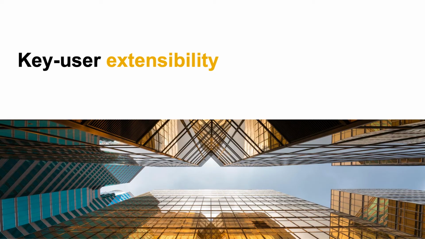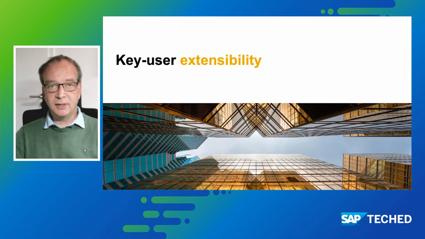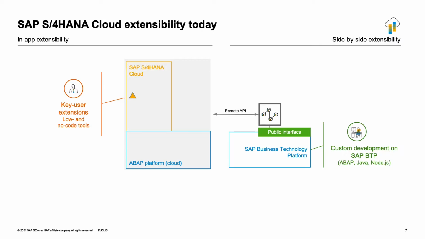For this purpose, as shown in the agenda, we have different flavors of extensibility, and I'm going to introduce them to you. The two existing ones, key user extensibility and side-by-side extensibility, and in addition, a new one, which is going to come in the next year.